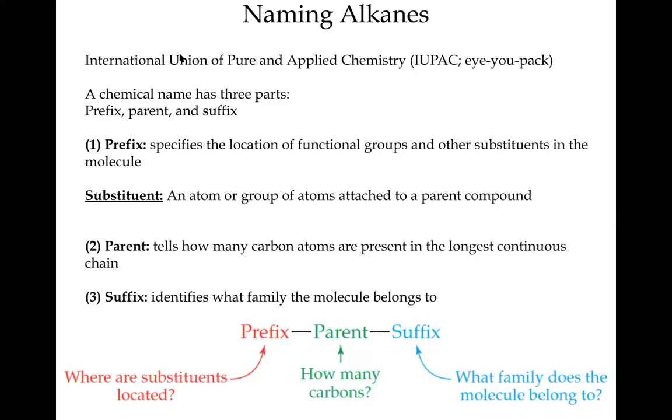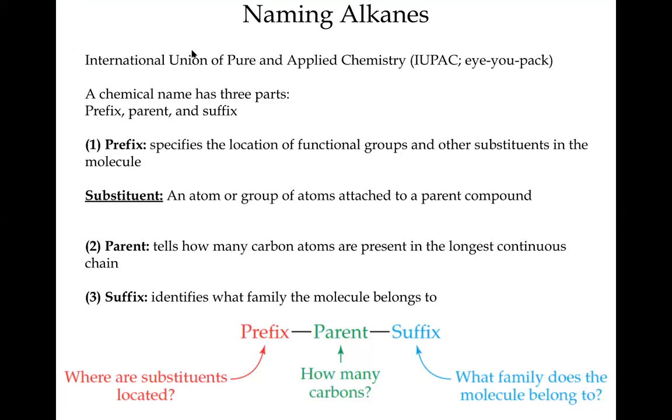Okay, so that brings us now into actually naming these things. Like I said at the very beginning, we have to be very stringent and particular in how we name these chemicals because they do get complicated. Depending on where that hydroxyl group is or that nitrogen is, it changes the molecule, right?